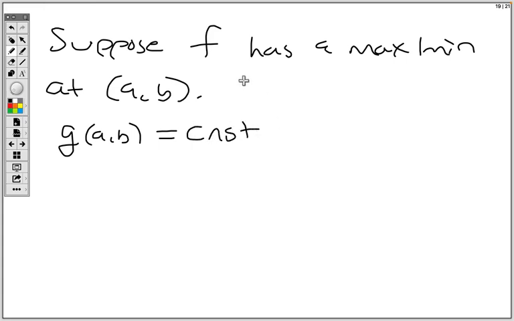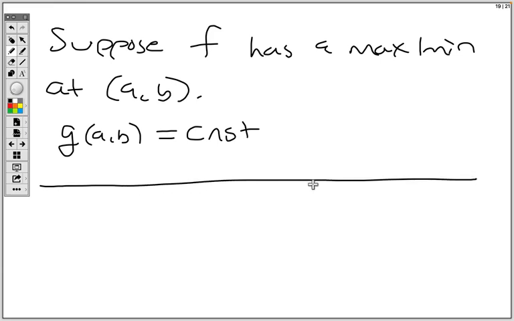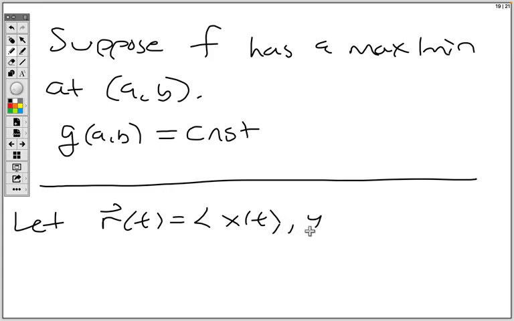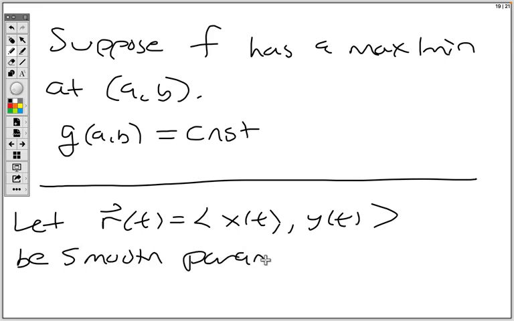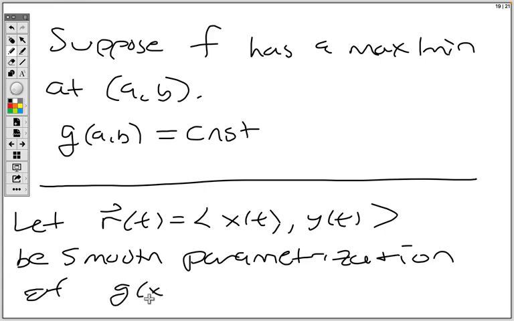So if f has a max or a min subject to that constraint curve, then g of (a, b) is a constant. And since we're assuming everything in here is differentiable, let r of t equal x of t, y of t, be a smooth parameterization of the curve g of x, y equal to a constant.